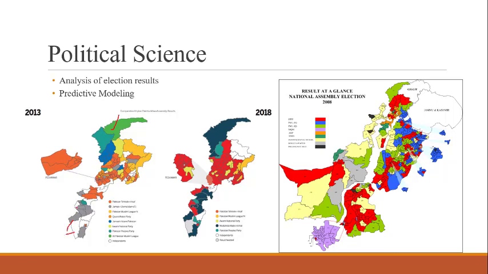The major parties here are the Pakistan Muslim League, but in 2018 here it is Muttahida Majlis-e-Amal. So for a political purpose we can use GIS to map an area or any political boundaries.